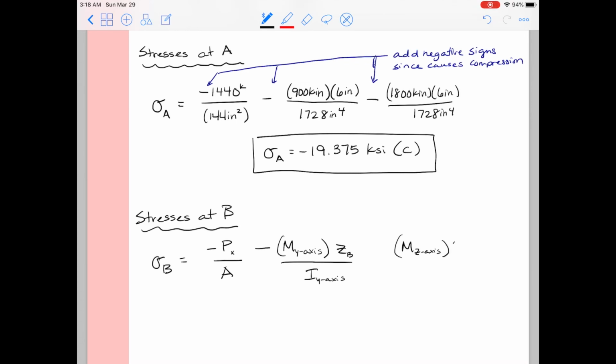Finally, the 10 kip load caused a moment about the z-axis, and then we have to multiply by the distance from the z-axis, which is in the y direction, so that's what I've called yb. And then I have to divide by the moment of inertia about the z-axis. I've given this a plus sign because this 10 kip force we said caused tension at B. And so I've added plus for tension, negative for compression.